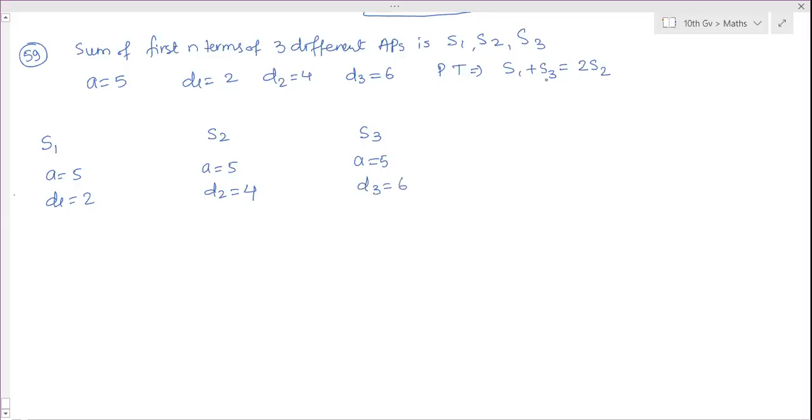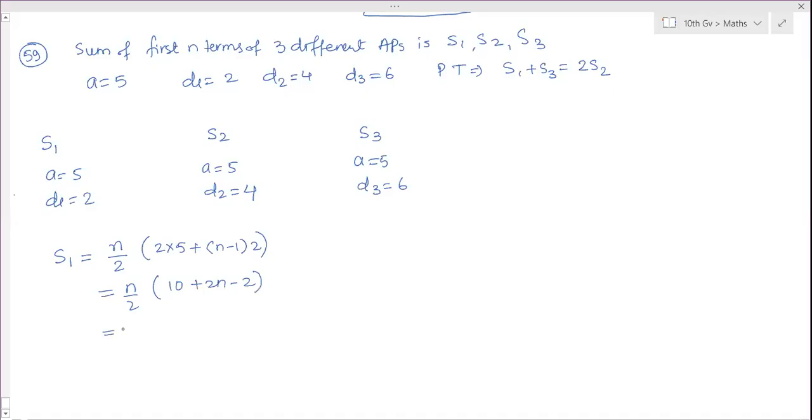So S1 plus S3 we have to do. What is S1? That is n terms: n by 2 into 2a plus n minus 1 into d, which is n by 2 into 2 into 5 plus n minus 1 into 2. So n by 2 into 10 plus 2n minus 2. Are you able to understand this point?